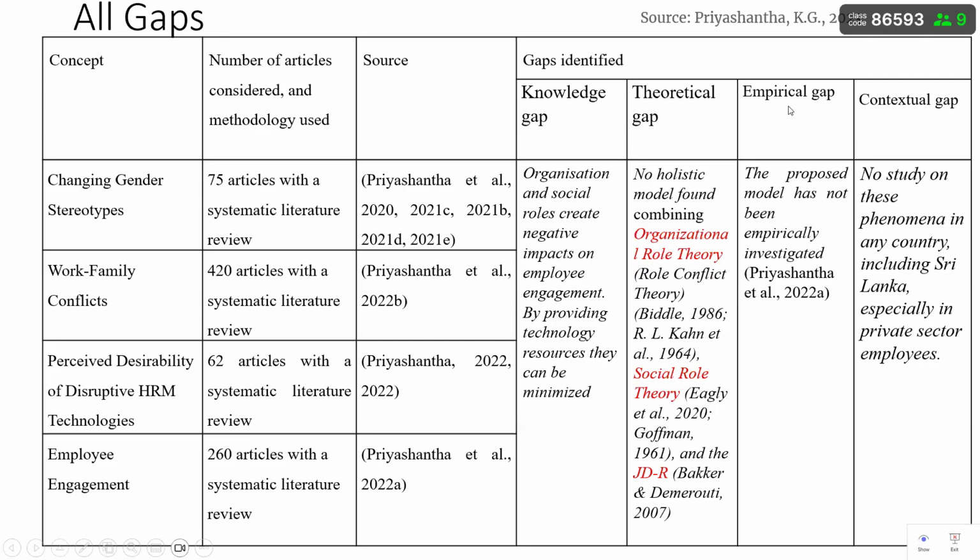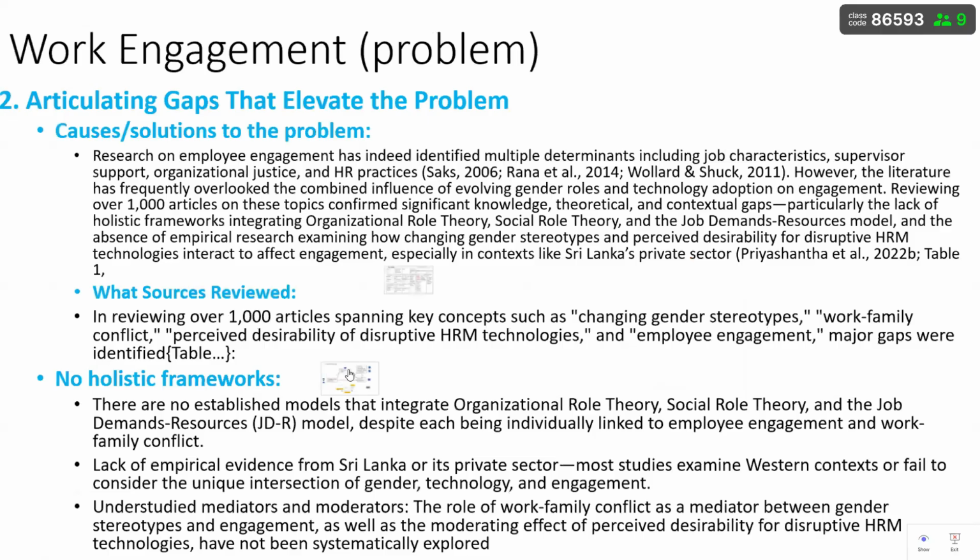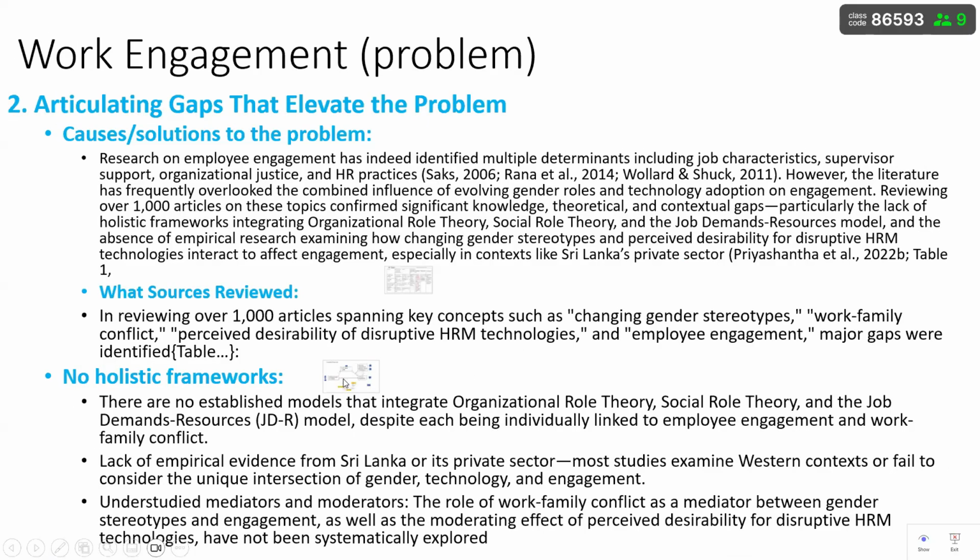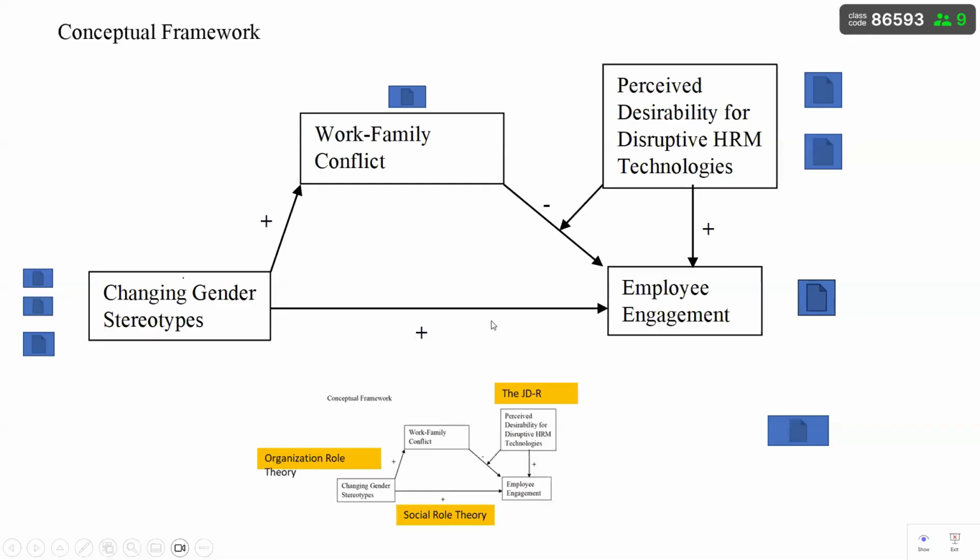Then empirical gaps. Empirical gaps means this model has been tested by collecting data, by taking a sample. This model has not been tested anywhere else, right? With a representative sample, taking a population, right? So that has not been tested.